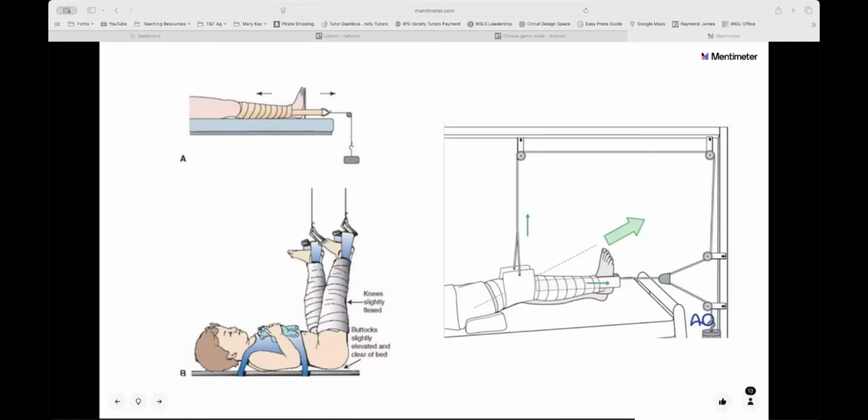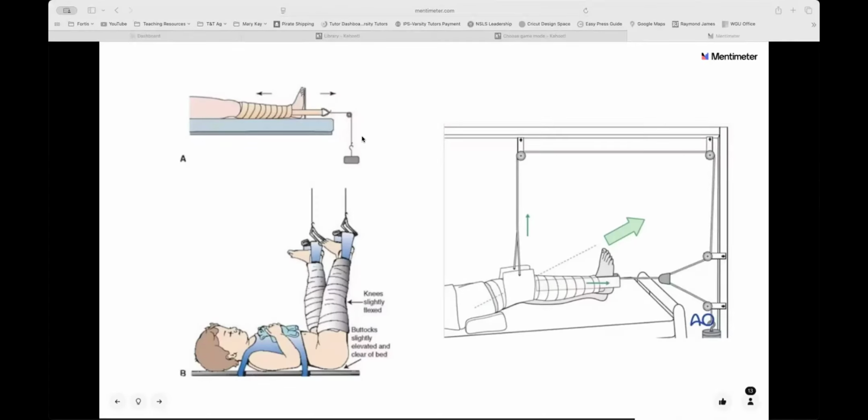So when we're treating fractures, a lot of times we will use traction to help put that bone back in alignment. So if we look at our top left picture here, what type of traction is this? Thinking about those three main types of traction.